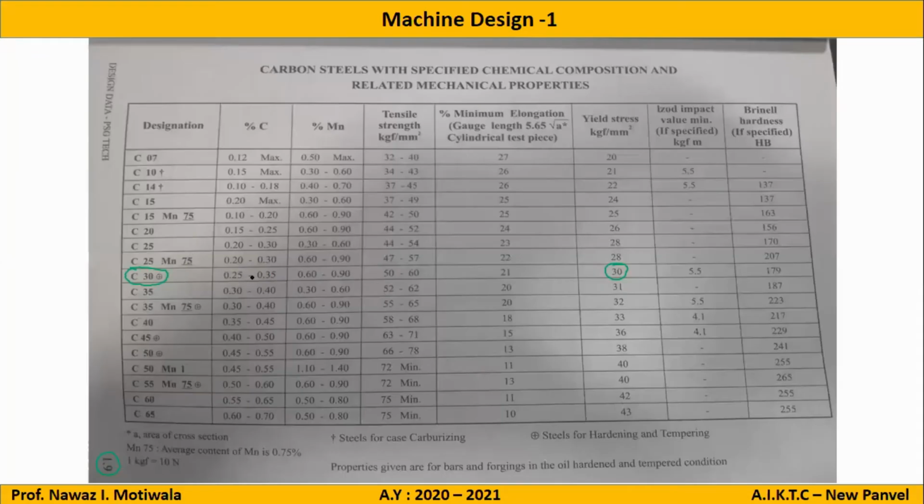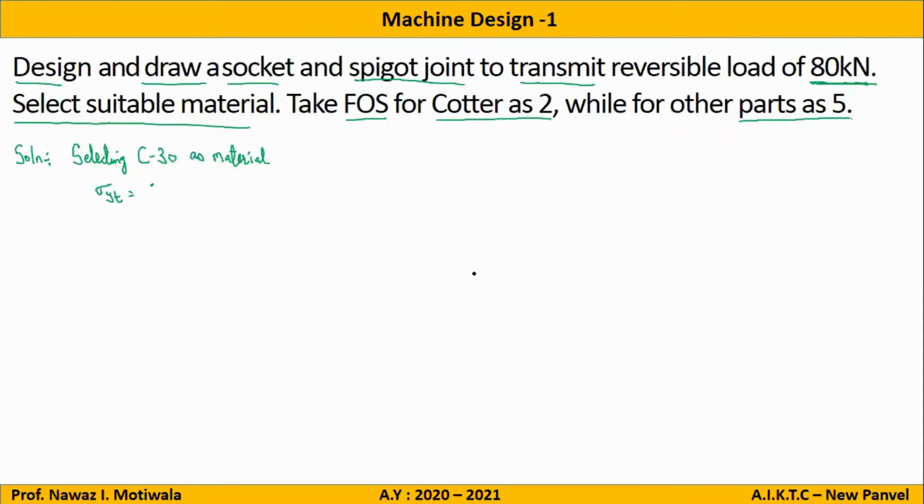Sigma yt for C30 is 30 kgf per mm square, from PSG 1.9. Because we don't work in kgf, we work in newton, I will write sigma yt is equal to 300 newton per mm square.